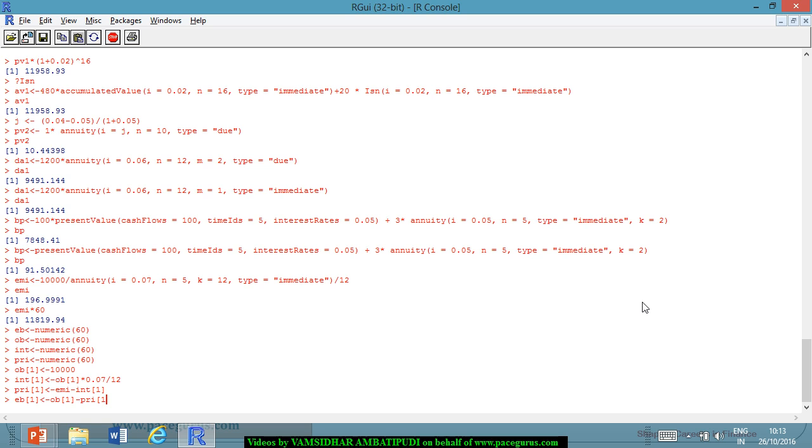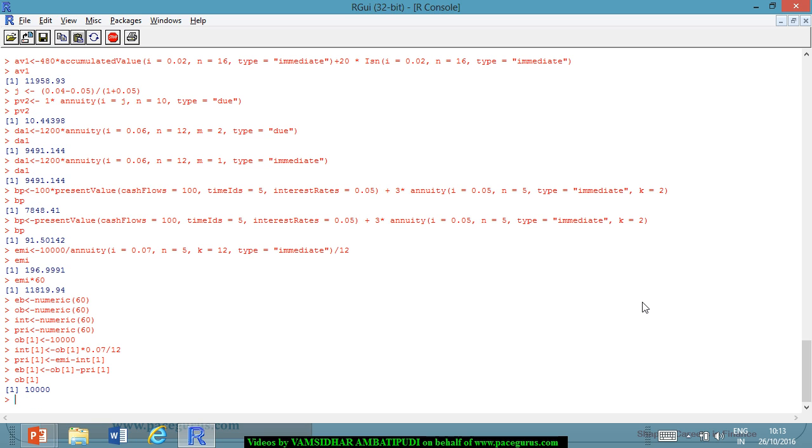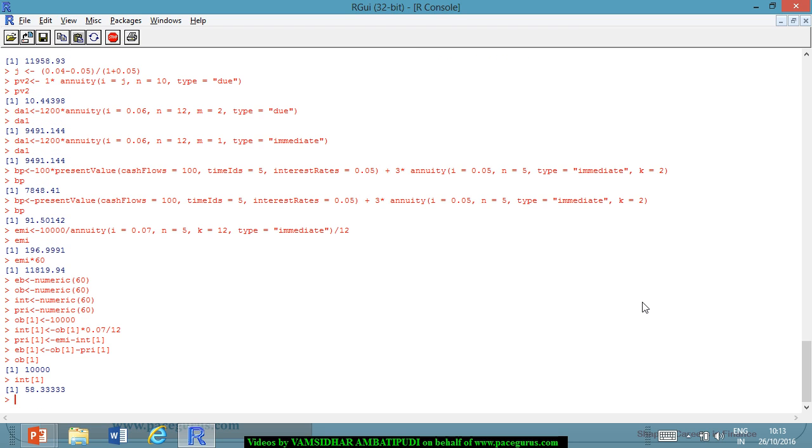So let's see whether all the calculations have been taken care or not. So let me put OB of 1 coming out as 10,000. I'm taking interest of 1 coming out as 58.33. Alright.